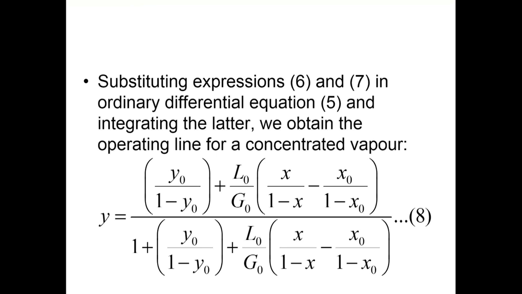If only we could presume that y0 is not significant, it would be reducing to the dilute vapor case. So, we see that if y0, the inlet gas composition, is lean in the solute component, then everything else has to be small.